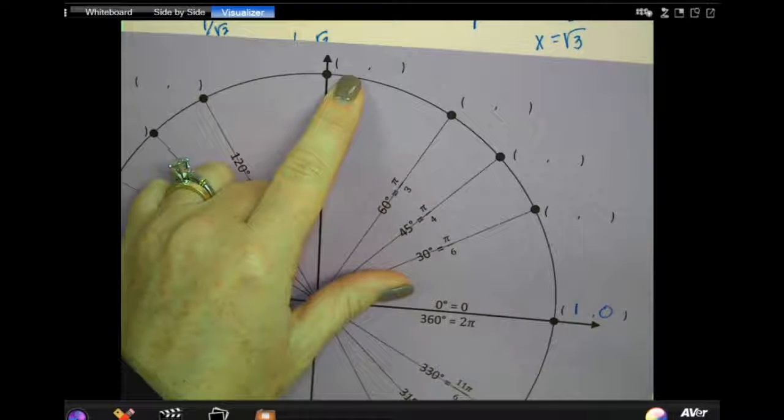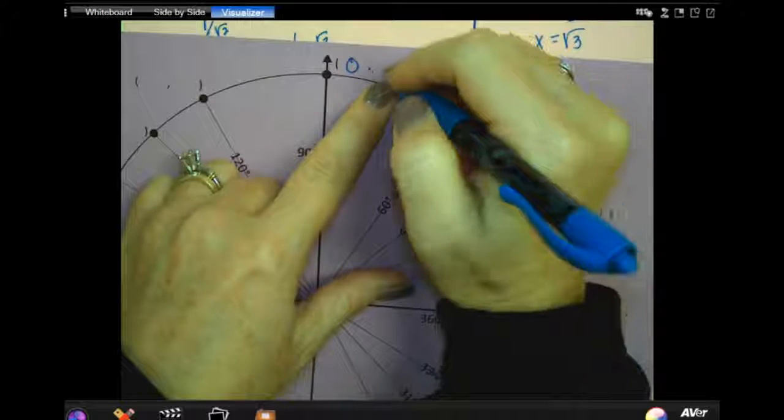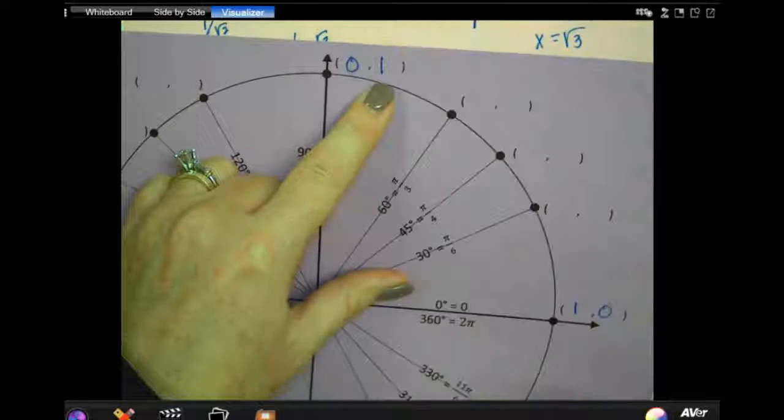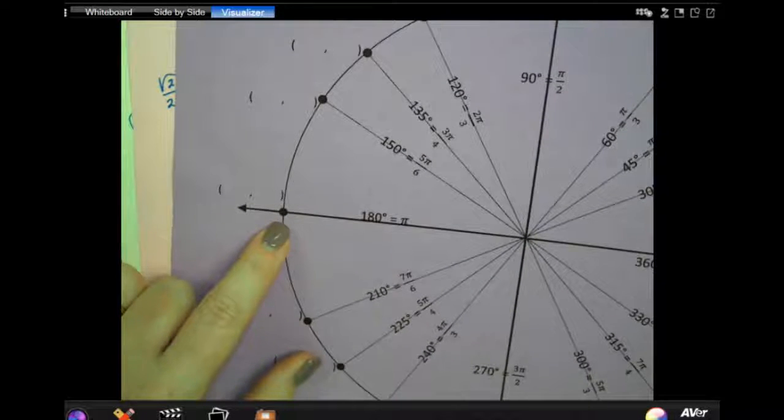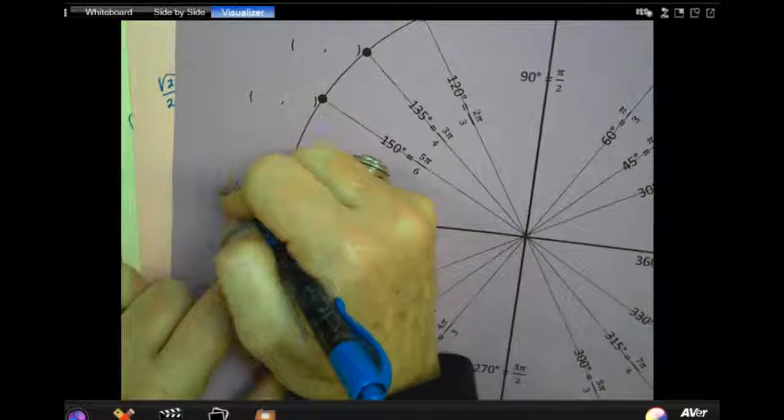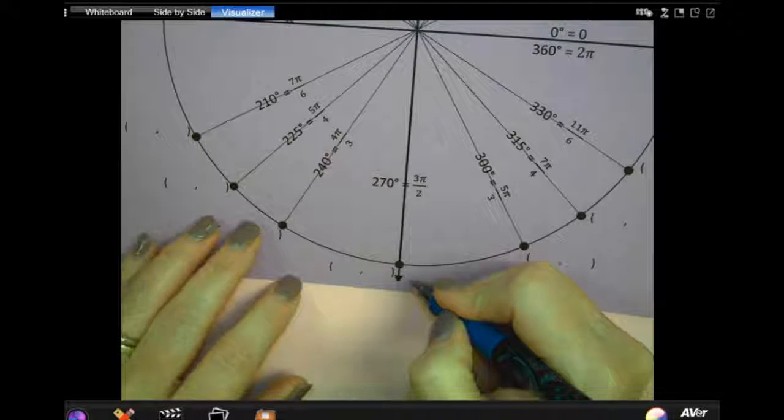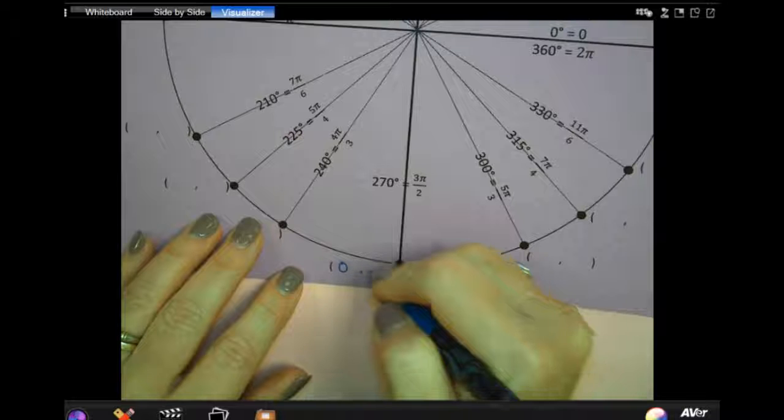How much in the x direction is it? 0. And in the y direction? 1. If I go to 180 or pi, -1 and 0, and then 0 and -1.